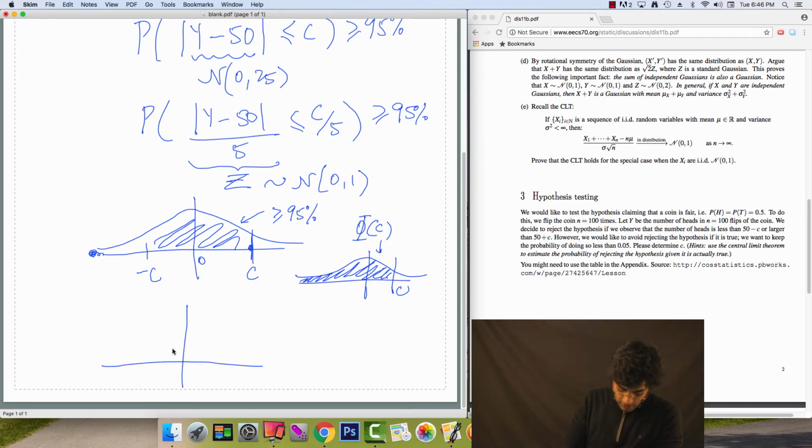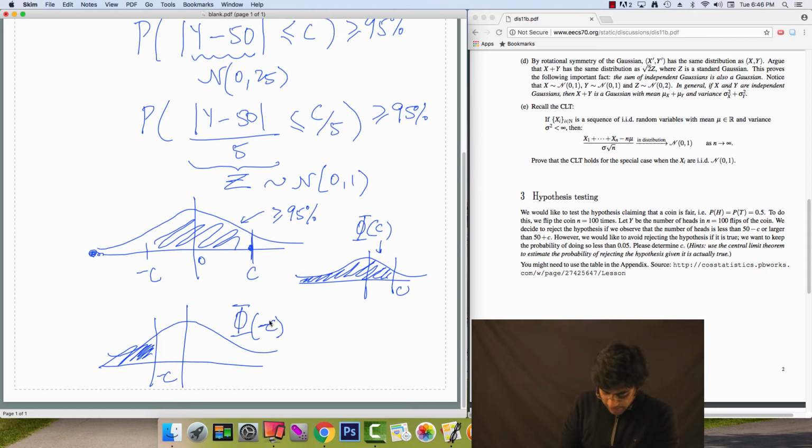Similarly, phi of negative c represents this whole thing. And in all of these, capital phi is the CDF of the standard normal, not the PDF.